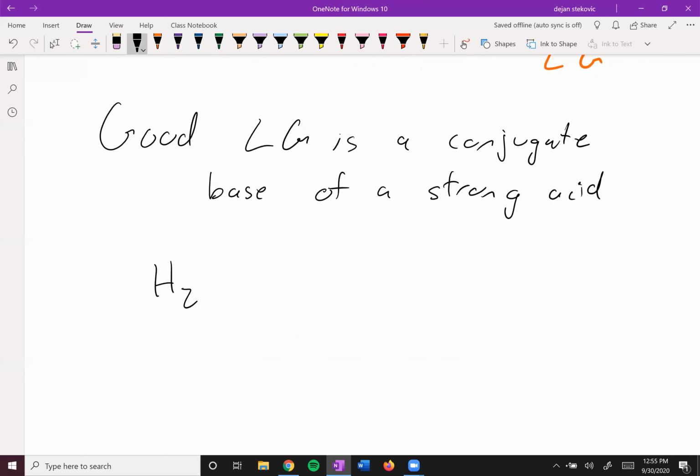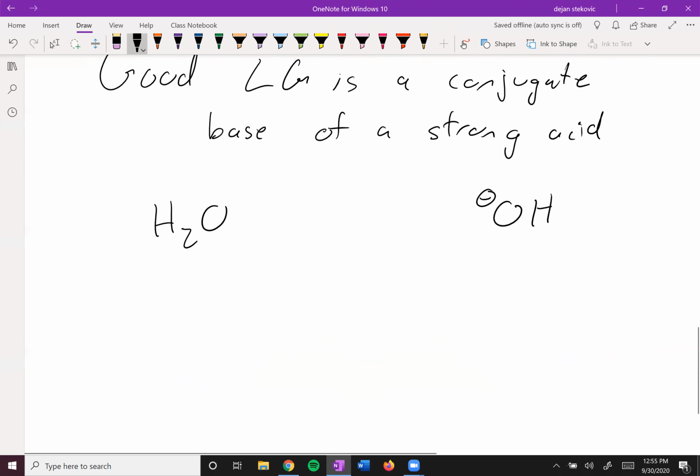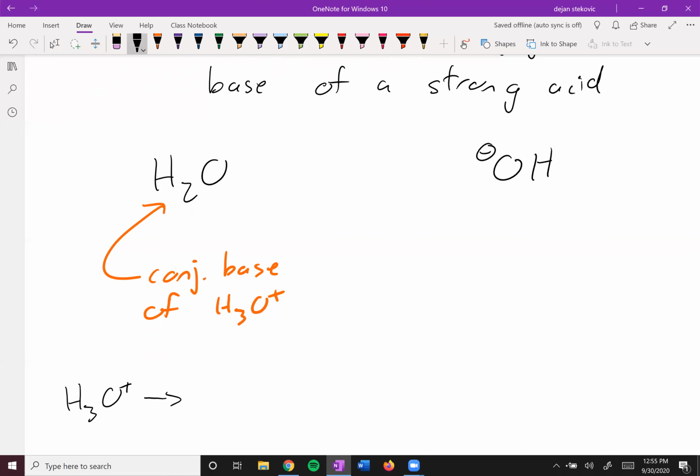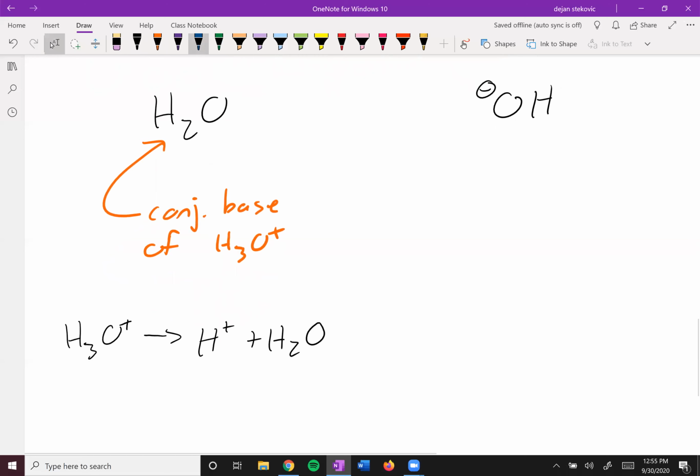So for example, water versus hydroxide. We can think about which one of these is a good leaving group. So we can think of this as the conjugate base of H3O plus, right? If we think about H3O plus, if it's going to act as an acid, it's going to donate an H plus and leave behind water, in which case this H3O plus is the acid and the water is the conjugate base.